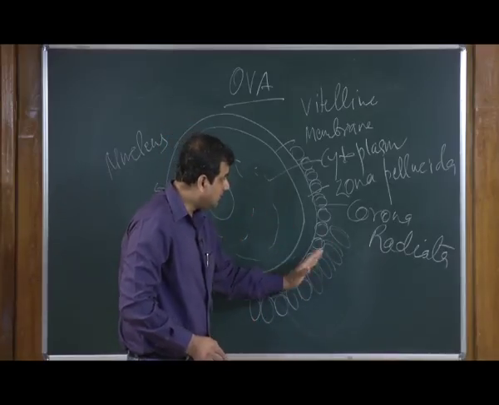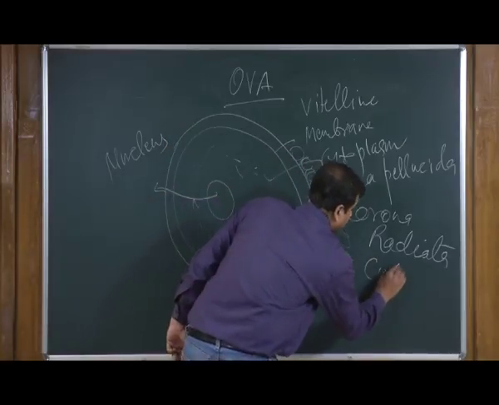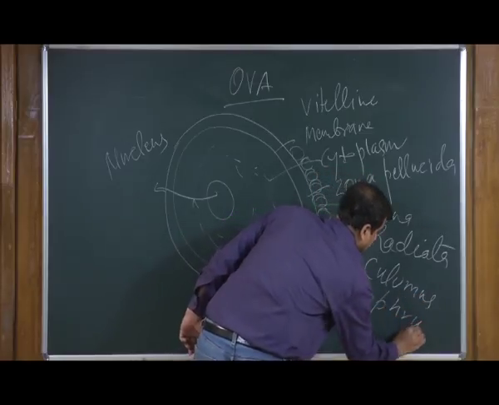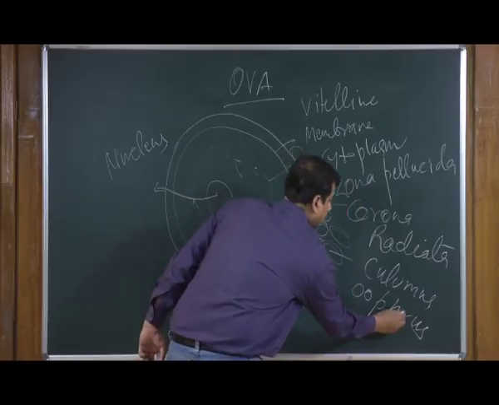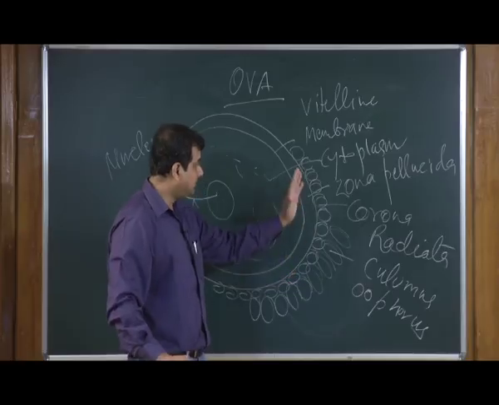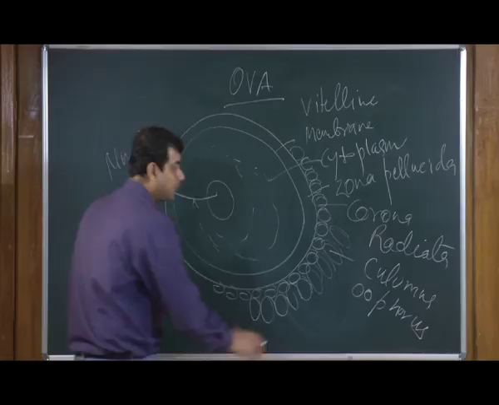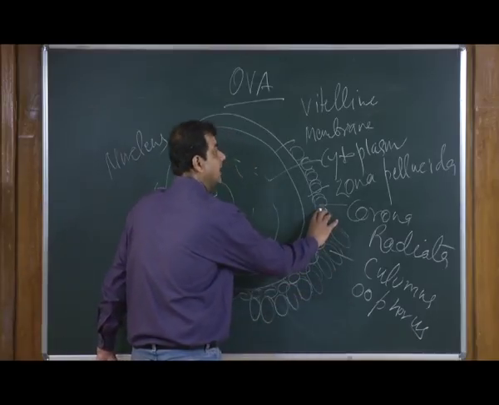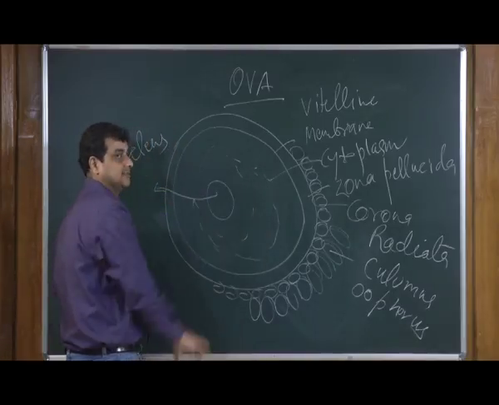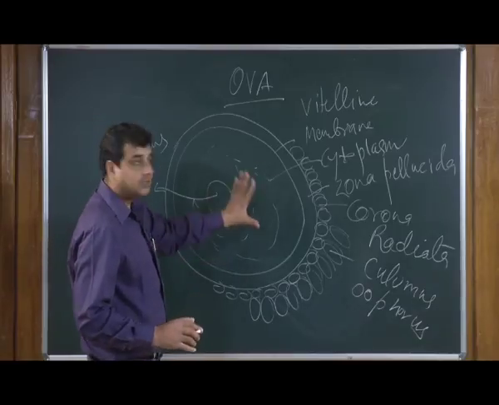This outer protective layer of corona radiata is called the cumulus oophorus cell. These are the outer covering of this ovum. So, if we look from outside to inside, we have the cumulus oophorus cells, corona radiata, zona pellucida, vitelline membrane, cytoplasm and nucleus of the ovum. So, this is in total about this ova.